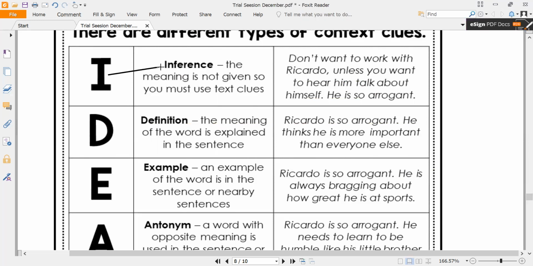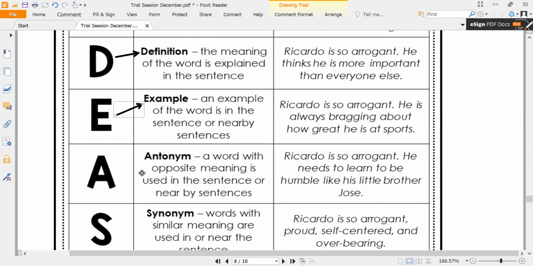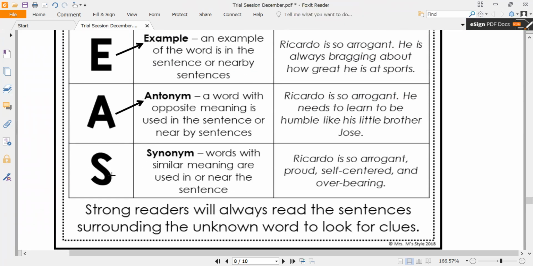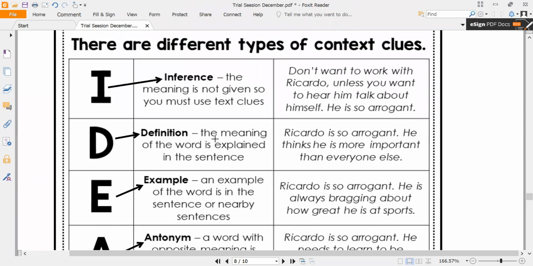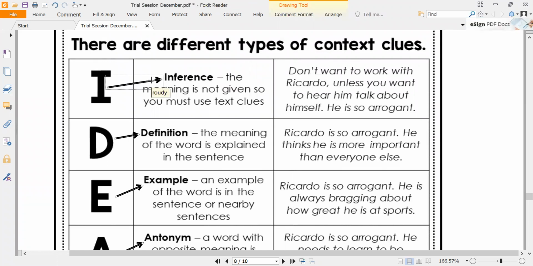I is for inference, D stands for definition, E is for example, A is for antonym, S is for synonym. Okay, let's understand what each term means.